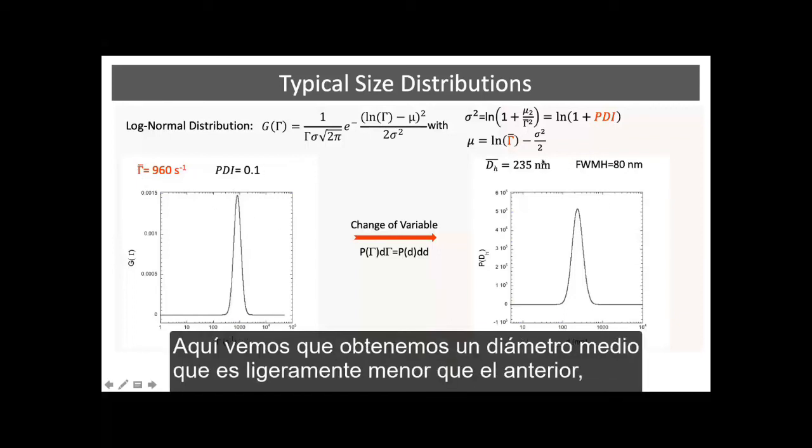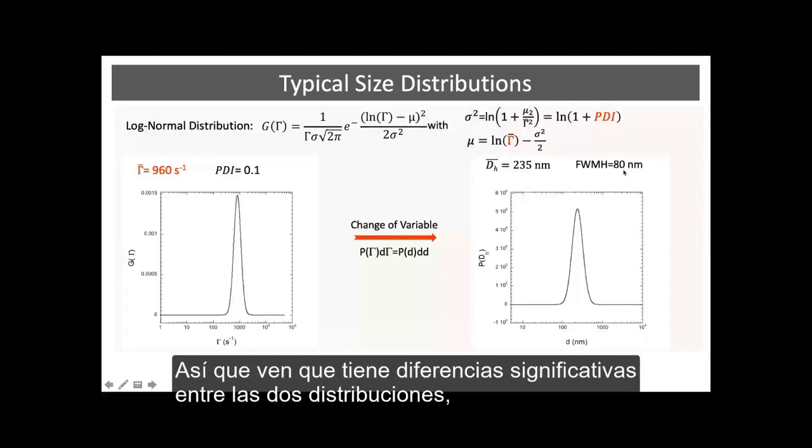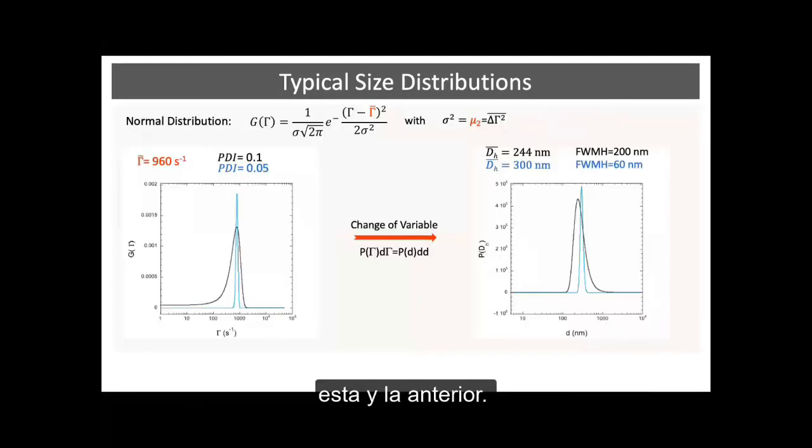And you see here that we obtain a mean diameter which is slightly smaller than the previous one, and also a full width at half maximum, so an inaccuracy or a dispersion of the nanoparticle size, which is much smaller. So you see that you have quite large differences between the two distributions, this one and the previous one.